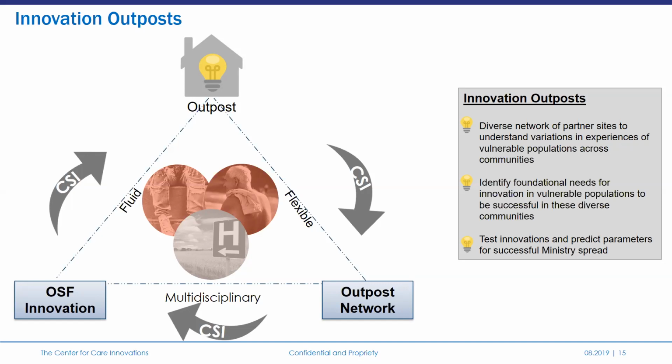So those outposts work with OSF Innovation as well as the CSI team, and they're where we have conducted a lot of our research and where Community Wisdom came in and did a lot of our collection of what we call a voice from our community.